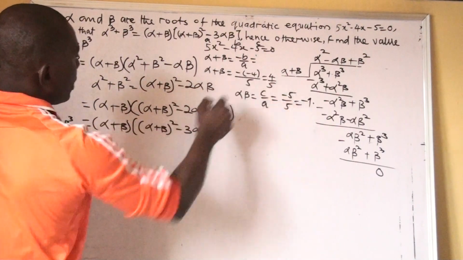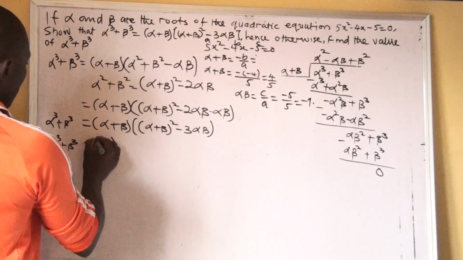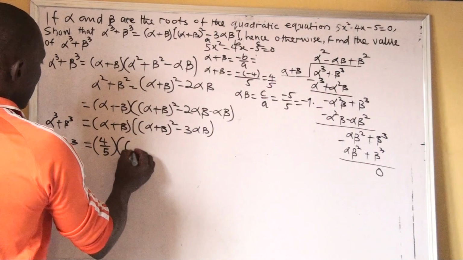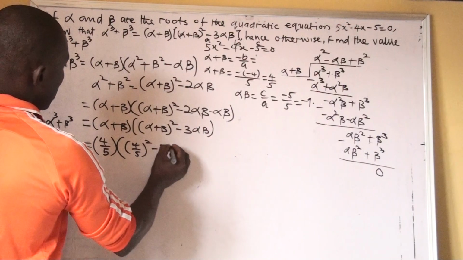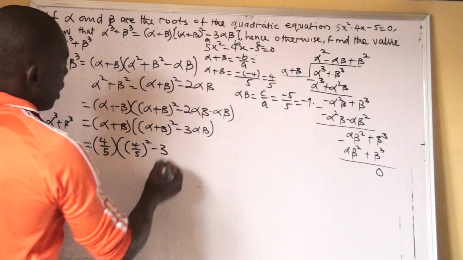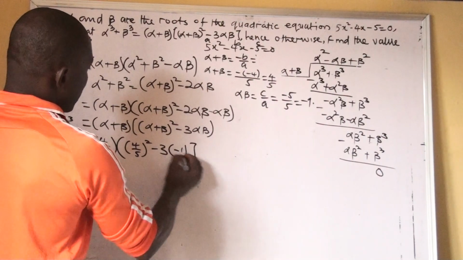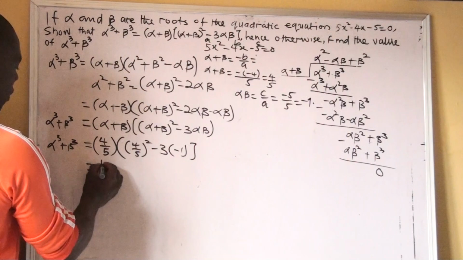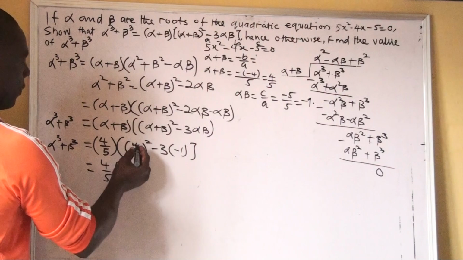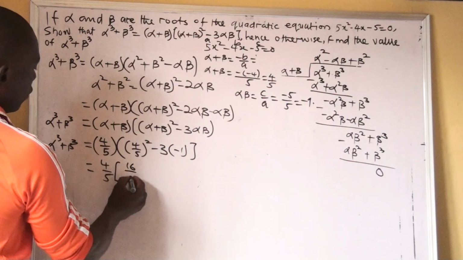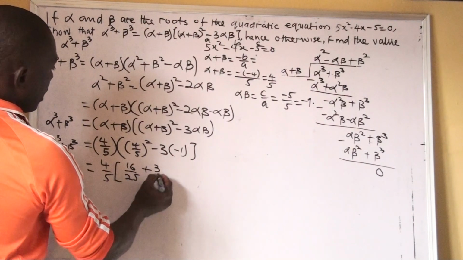By substituting here, alpha plus beta is 4/5. Then open bracket here, we have 4/5 squared minus 3 times alpha beta, and alpha beta is minus 1. So here is 4/5, and in this large bracket, 4 squared is 16 over 5 squared is 25, plus 3.